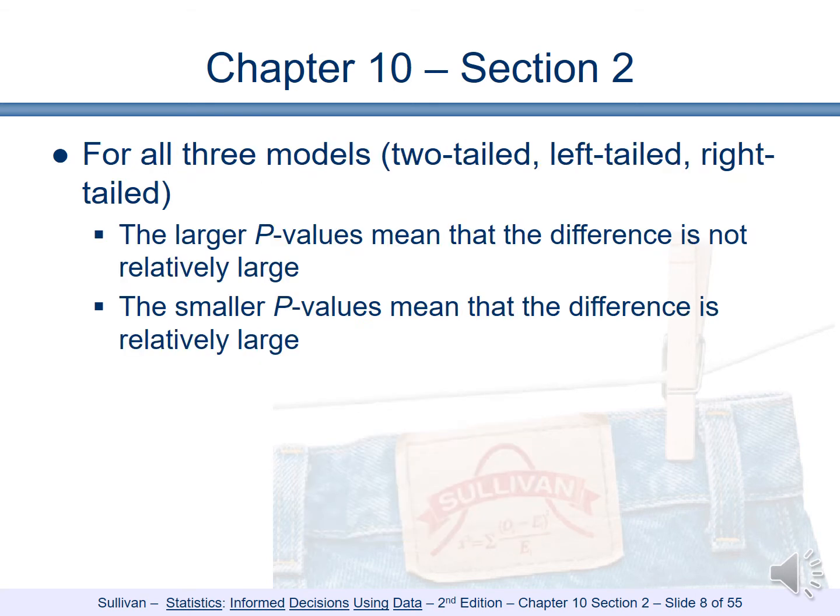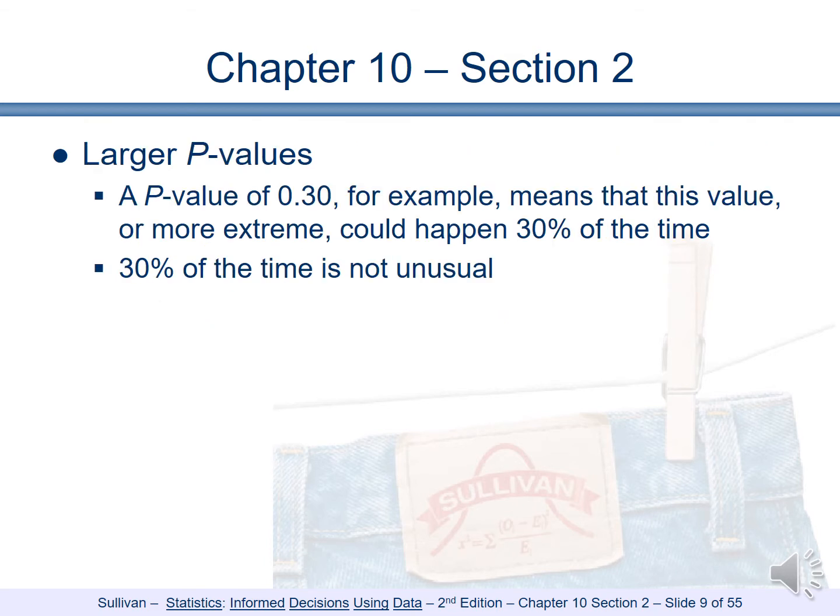All right. So for all three models, two-tailed, left-tailed, and right-tailed, the larger p-value means the difference is not relatively large. The smaller p-value means the difference is relatively large. Now, what does that mean? Here we go. A p-value of 0.3 means that this value or more extreme could happen 30% of the time. 30%, not unusual.